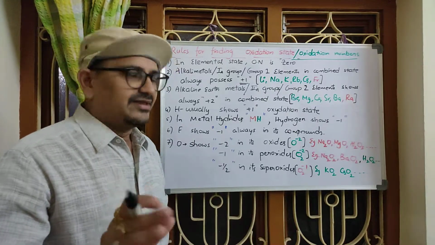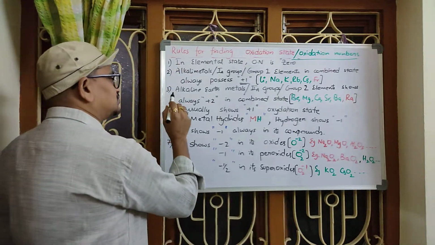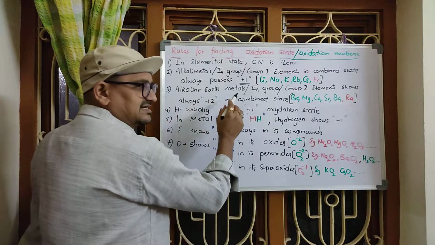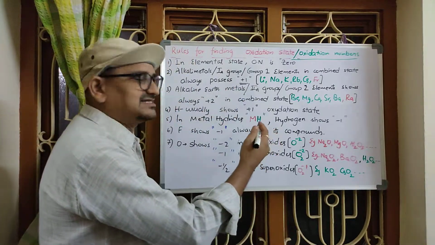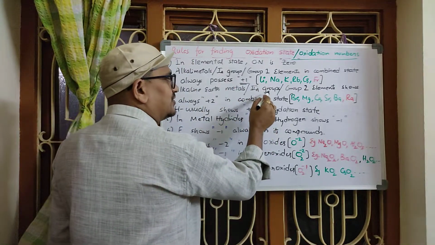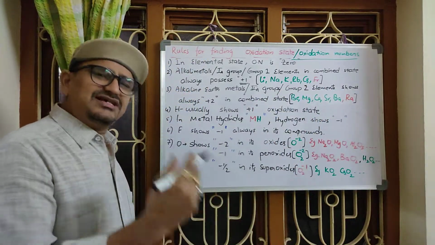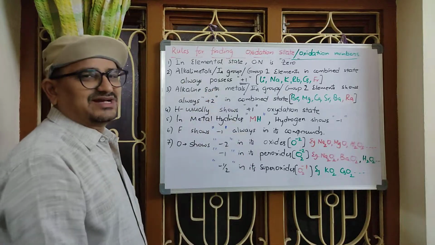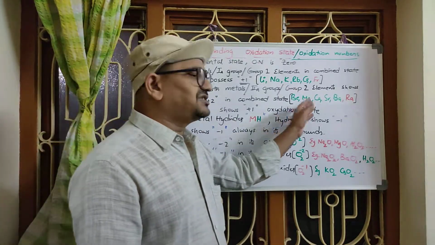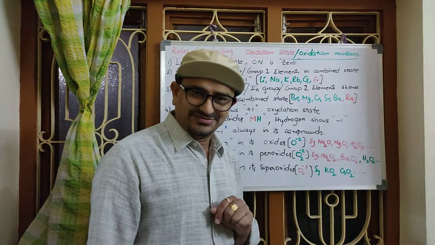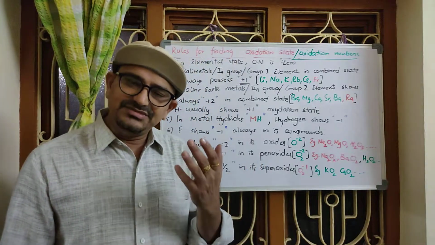Is that clear? Next, alkaline earth metals, the second group elements, called 2A group or group 2 elements, always show plus 2 in the combined state. Suppose magnesium oxide, MgO.